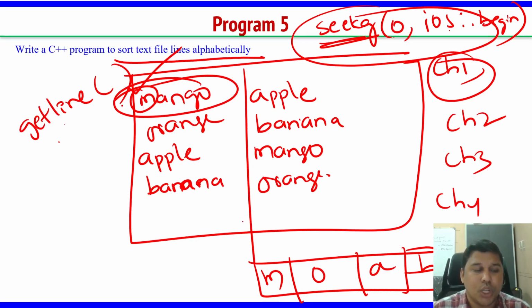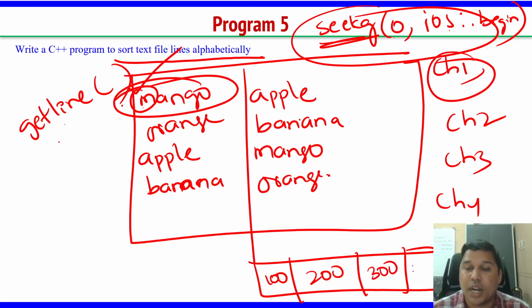For that, you have to swap using some pointer. Means mango's address is 100, orange's address is 200. Those addresses you store in that array. Now, using these addresses, you apply some bubble sorting technique or some other sorting technique. It will sort those values.